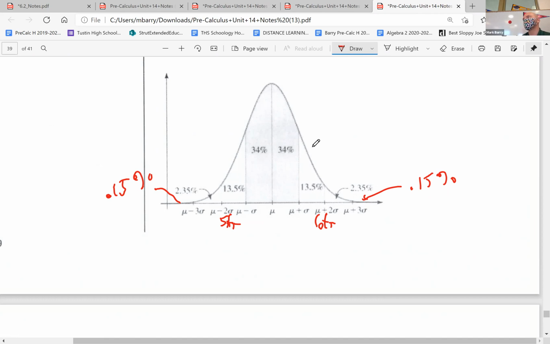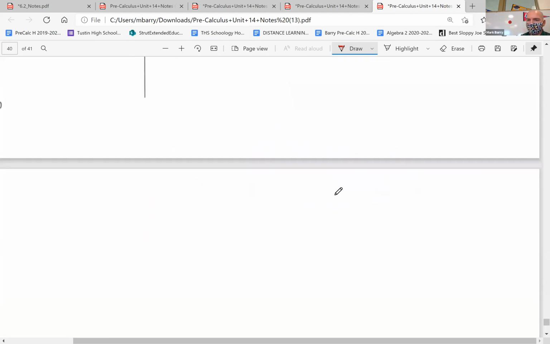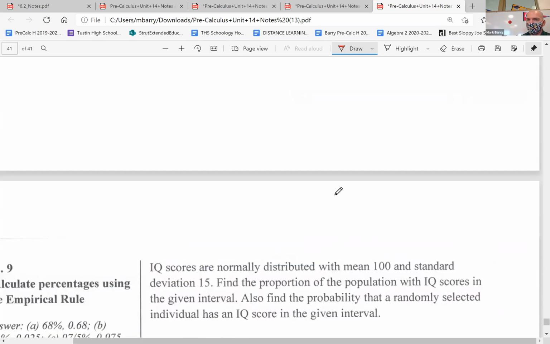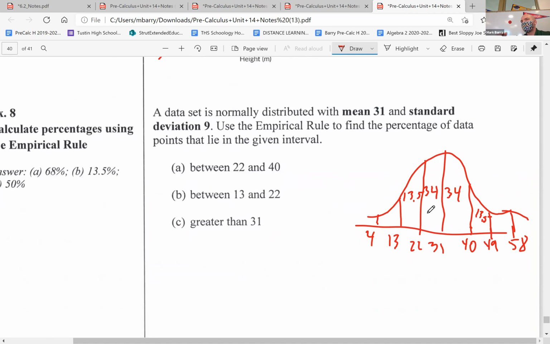The percentages in each piece will always be the same: 34 on the middle two, and then 13.5 on the next ones, and then 2.35 outside of that if you need it, and then 0.15 outside of that if you need it. What's going to be changing from problem to problem is what numbers go on the bottom. So that's where I got it: the mean in the middle, and just add the standard deviation going right, subtract the standard deviation going left.